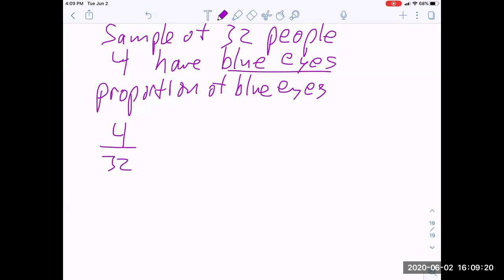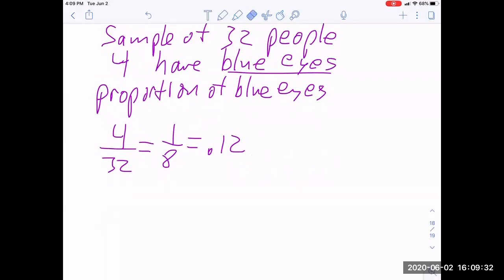That's the number of blue eyes out of my total sample size. That's 1/8. I believe that's 0.125. Which you could write as 12.5%. Now you've got a proportion.